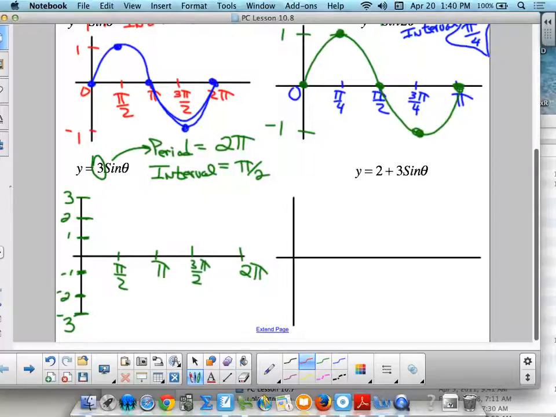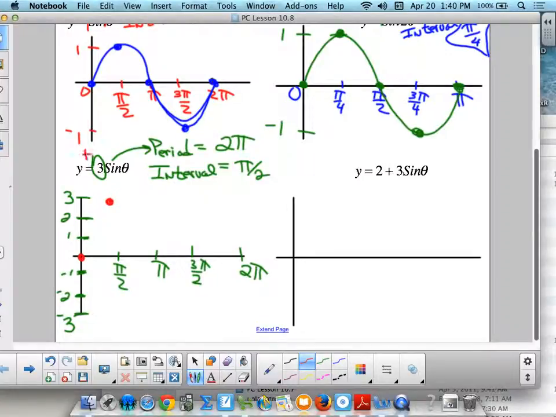Okay, where does this start? Where should I start? 0. At the midline. Right at the midline. By the time I get to my first interval, I should be at the peak or the valley. In this case, where? No, at the first interval? Peak.